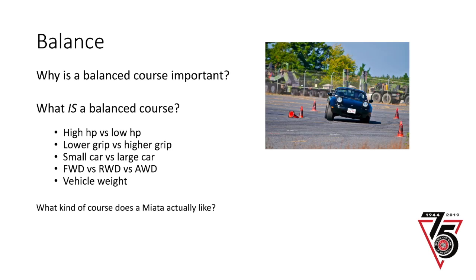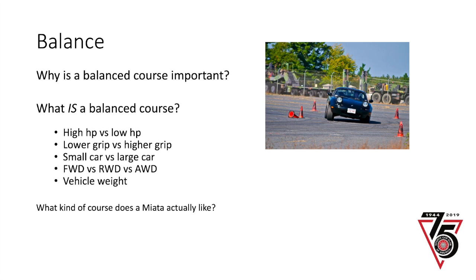So, thinking through that, we could ask ourselves, what type of course does a car like a Miata actually like? Think of Miata here as representative of any low horsepower car that is small and nimble. Take a moment to think about that. A lot of people think that a Miata thrives on small, tight and twisty courses.